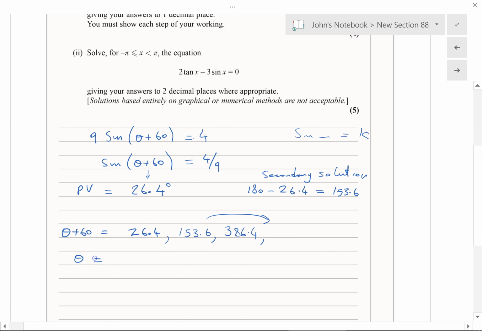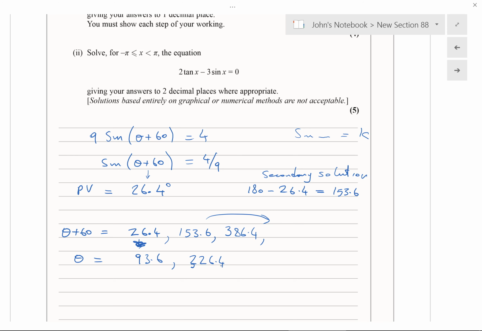So that gives me theta is equal to... well, I don't need 60 minus that one because it's going to make it negative. So it's 153.6, take away 60, which is 93.6. And 386.4, take away 60. So that makes it 326.4. Okay, so that's that one. 326.4. So there we go.